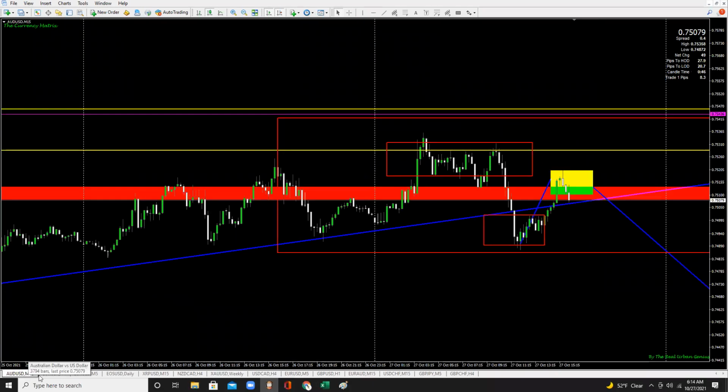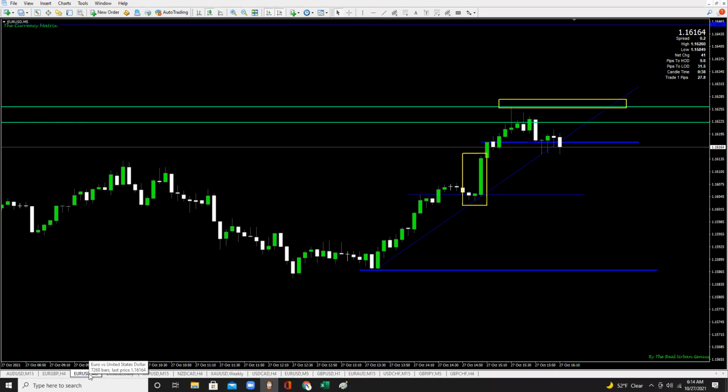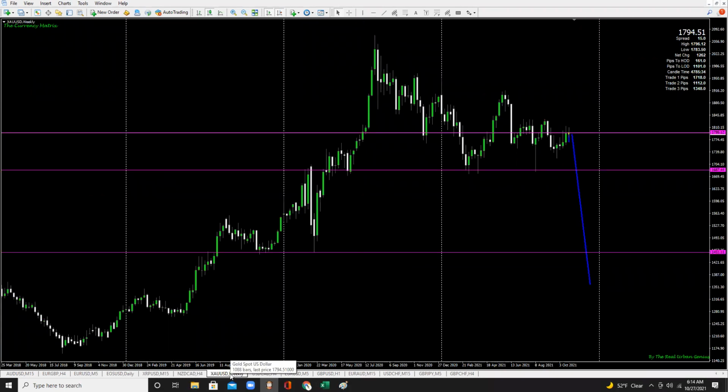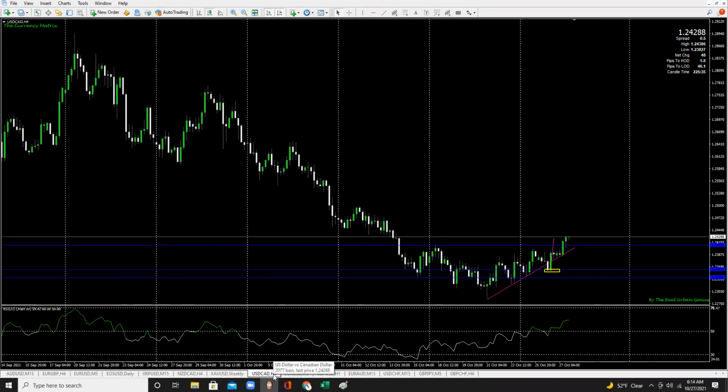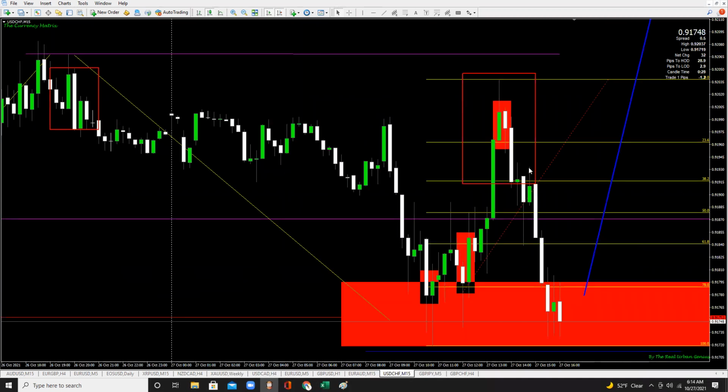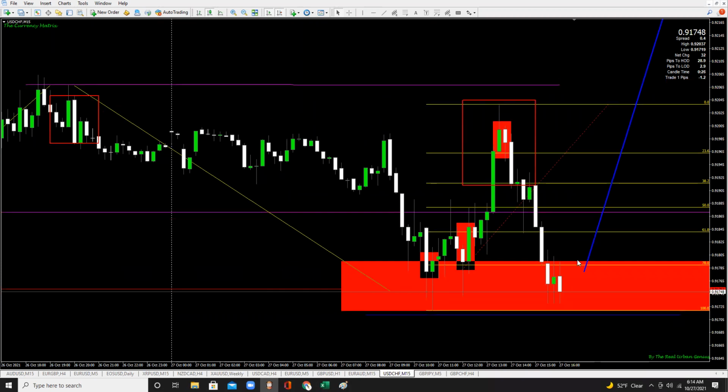So I'm in Aussie short, Euro USD short, gold short, USD CAD's long still. USD CHF will be long, probably right at 9:30. It'll probably take off right at 9:30 and shoot up.